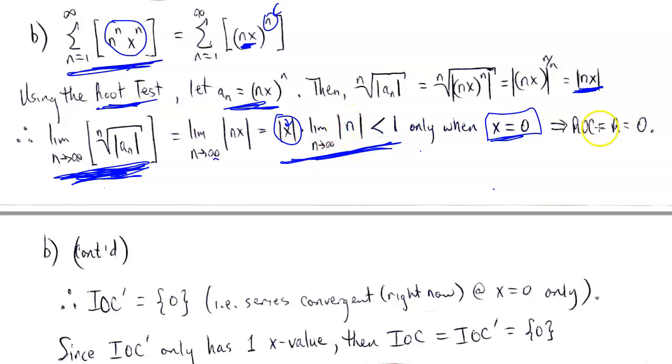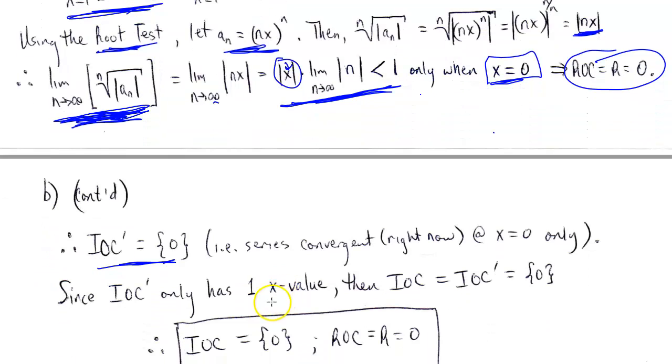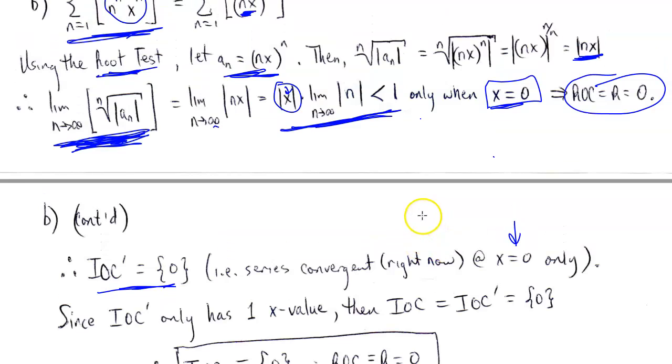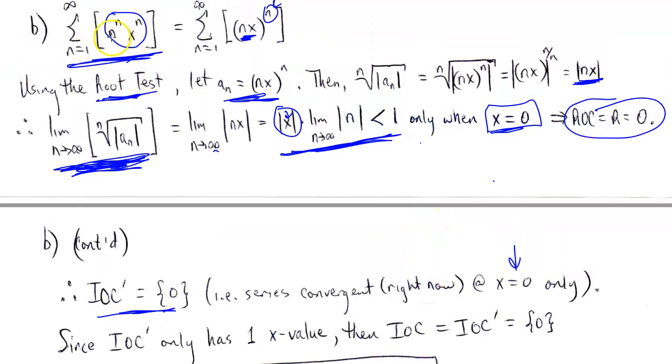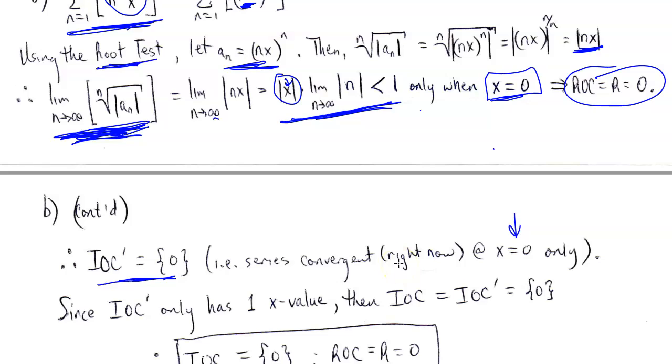Okay. And so this is a situation where our radius of convergence ends up being 0, which means our interval of convergence is going to be 0 as well. And the only x value that we can use to be able to produce an infinite series that will converge would be when x is equal to 0. Okay. And essentially, that would be the series with 0. Okay. So that would be the only time that would work.